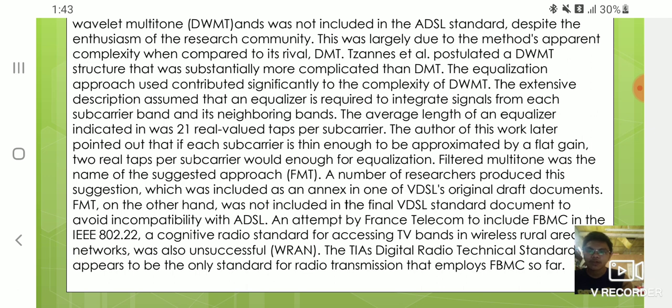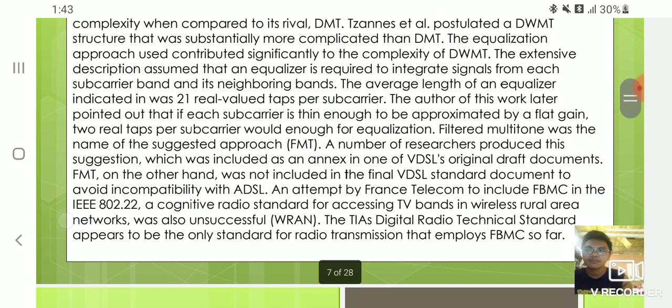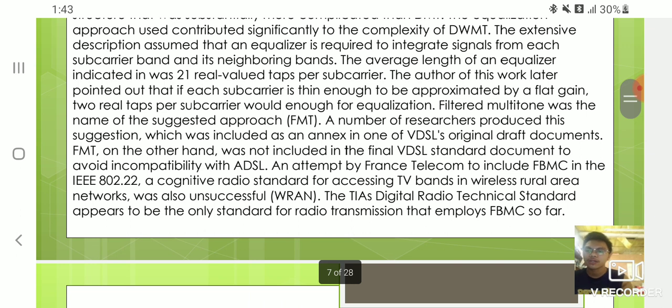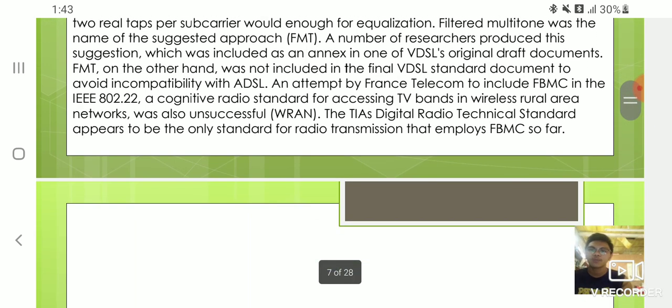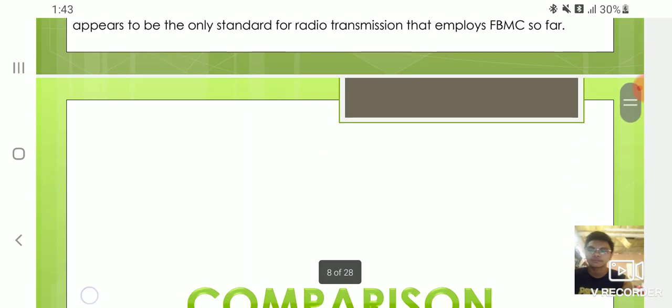An attempt by France Telecom to include FBMC in the IEEE 802.22, a cognitive radio standard for accessing TV bands in wireless rural area networks, or WRAN, was also unsuccessful. The TIA's Digital Radio Technical Standard appears to be the only standard for radio transmission that employs FBMC so far.